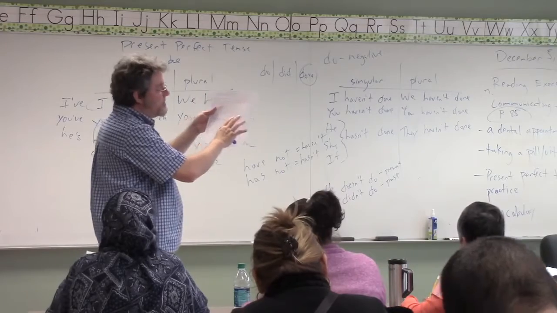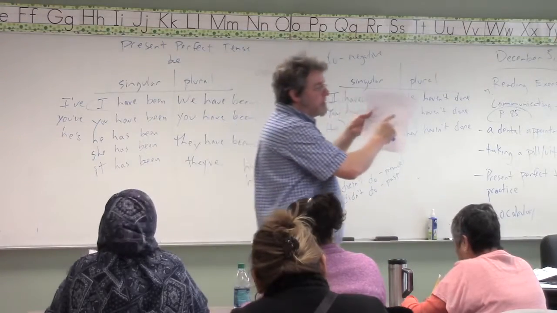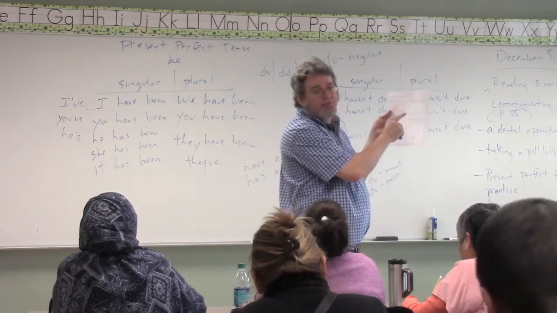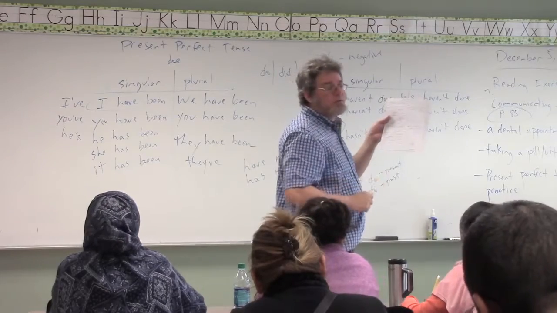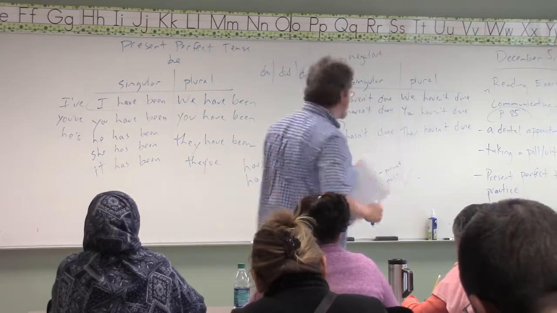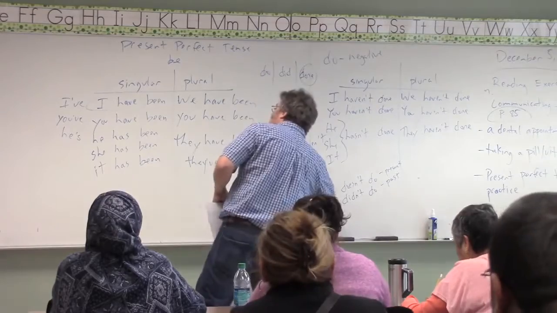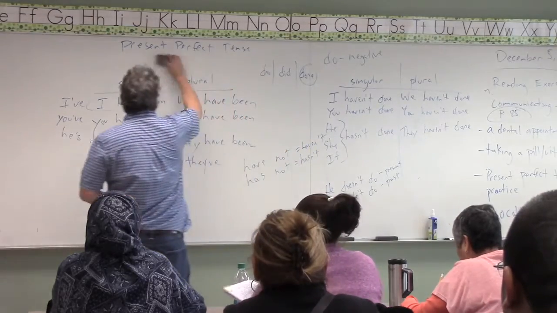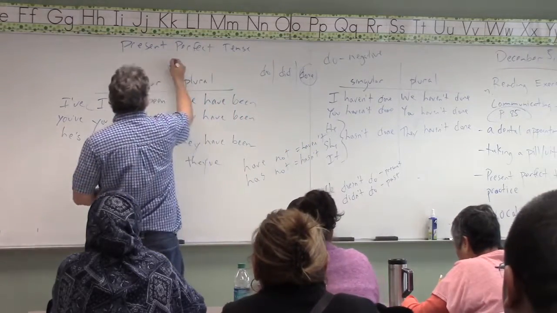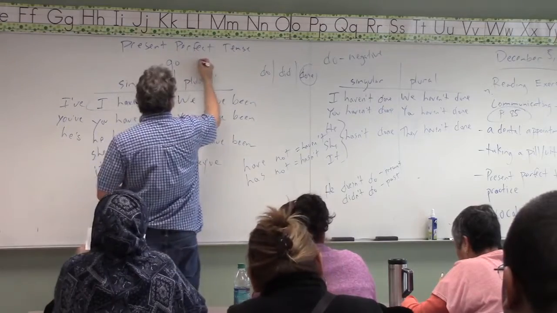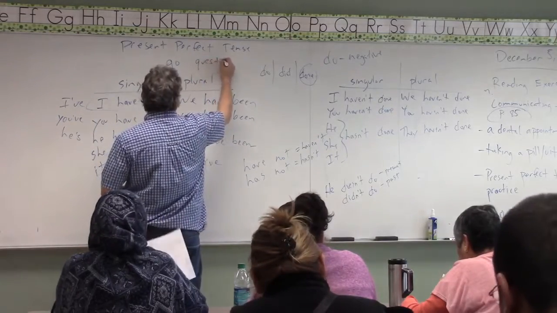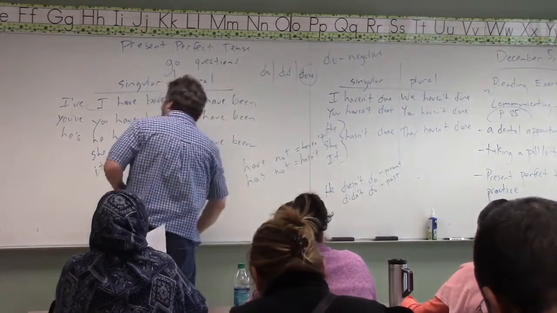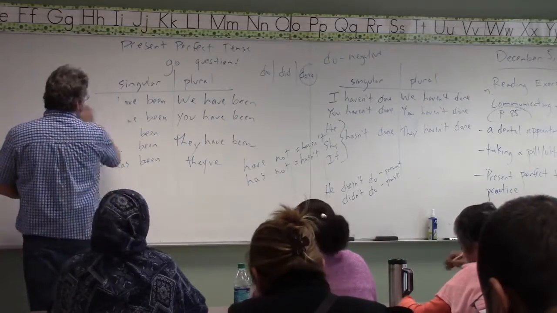Now we're on part C. If you make a question in the present perfect tense, what goes first? The helping verb. Good. So let's change this. We're going to use the verb go, and these are going to be questions. The helping verb goes first.